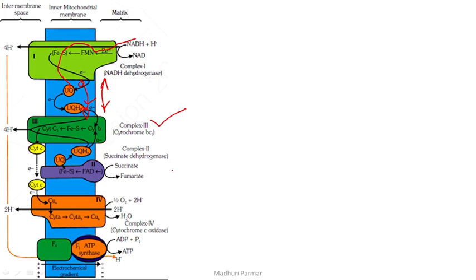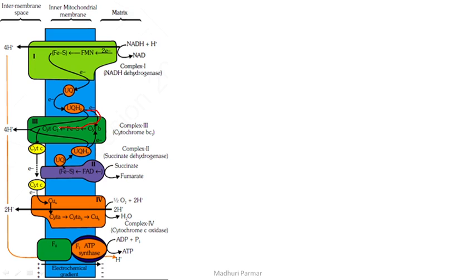Complex 3 is the cytochrome bc1 complex. So what will happen? The electrons from the ubiquinone will be passed to cytochrome b, then cytochrome b to iron sulfur cluster to cytochrome c1.